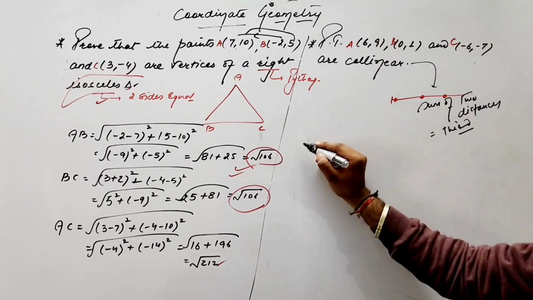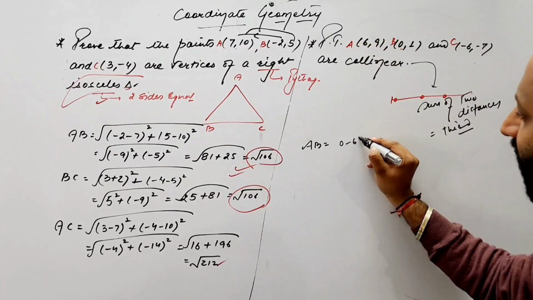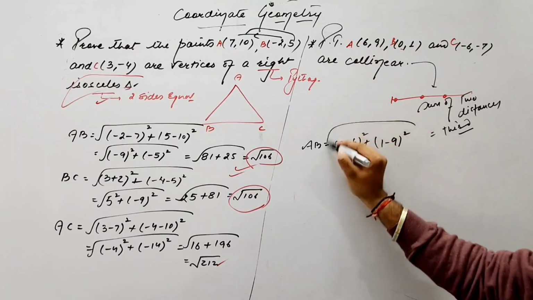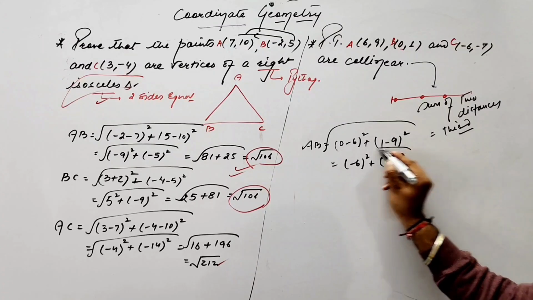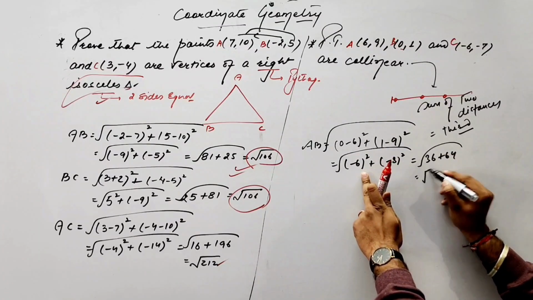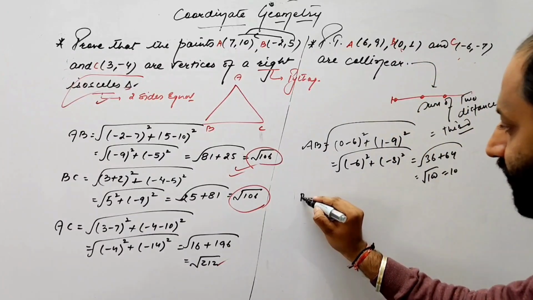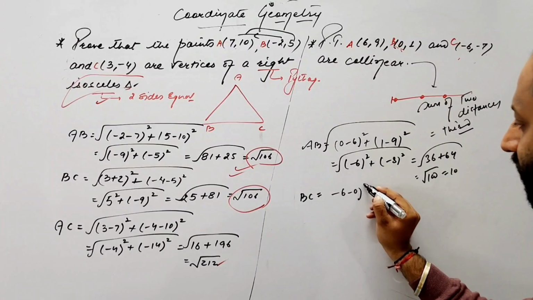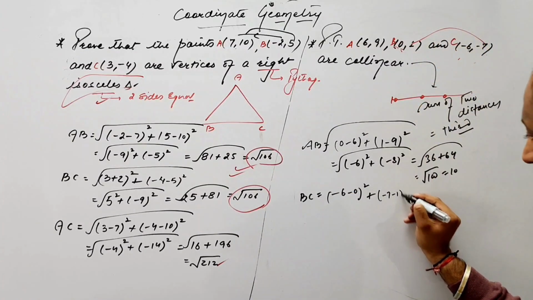So let us start. What is AB? (0 minus 6) whole square, or 6 minus 0, as we already discussed, plus (1 minus 7)... minus 6 square plus minus 8 square. 36 plus 64, 100, that is 10. BC: (minus 6 minus 0) square plus (minus 7 minus 1) square.